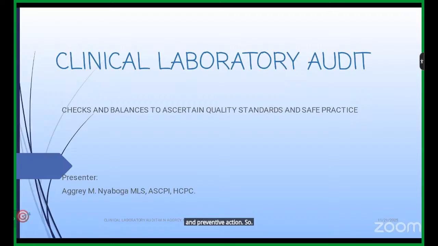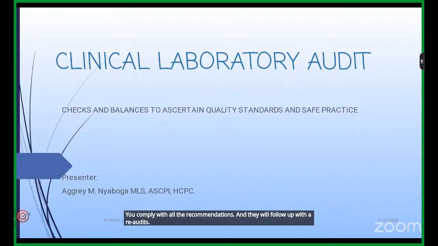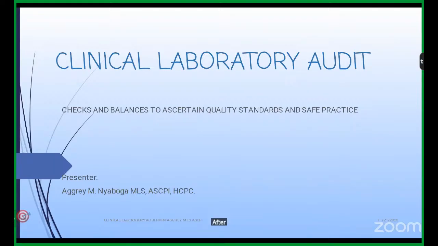So it's a process. So you have to make sure that you comply. You comply with all the recommendations, and they will follow up with a re-audit after that timeline.